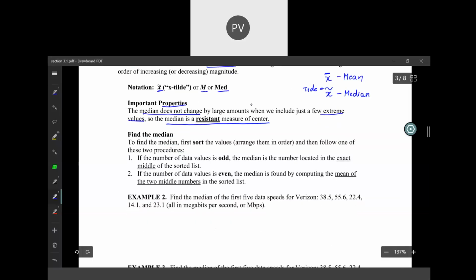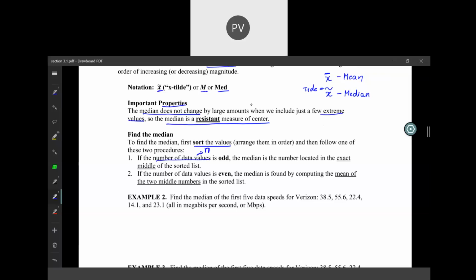Now, how do I find the median? Before you do anything, whether it is median, mode, or mean, make sure to sort the values in ascending order, from low to high. First thing is to sort the values. Next, find the number of data values, denoted by small n.